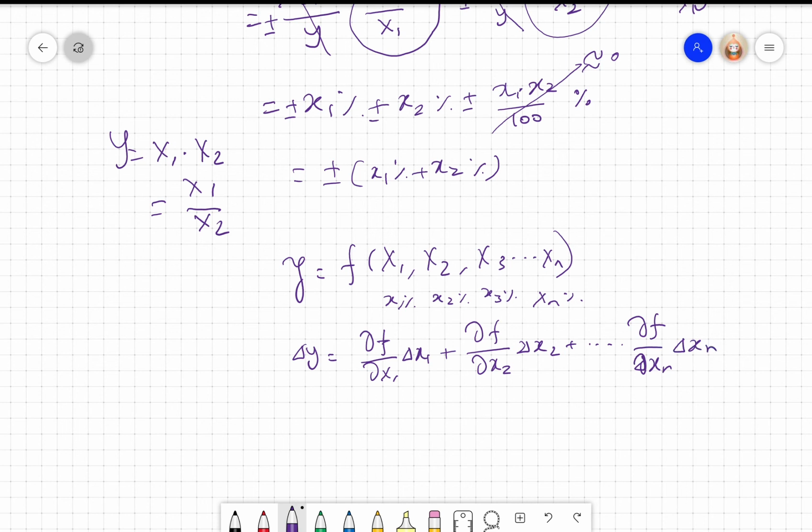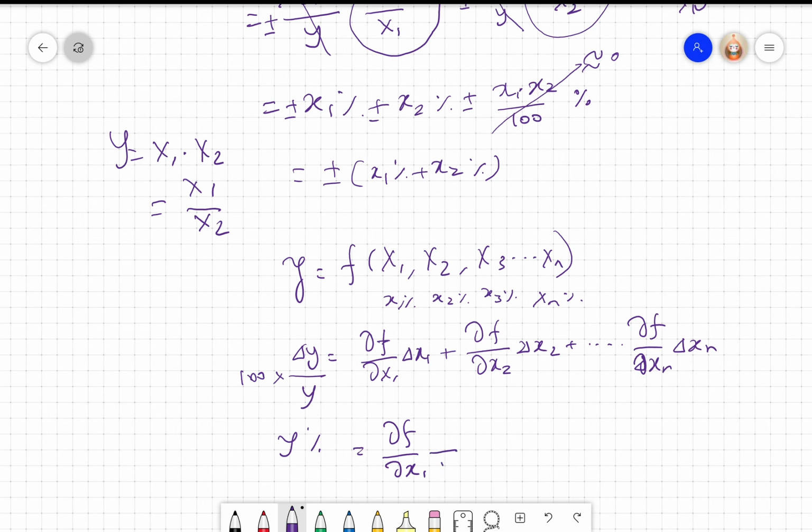Now again I multiply, divide by y, and multiply by 100. So this would be y%. So this is dou f by dou x1.